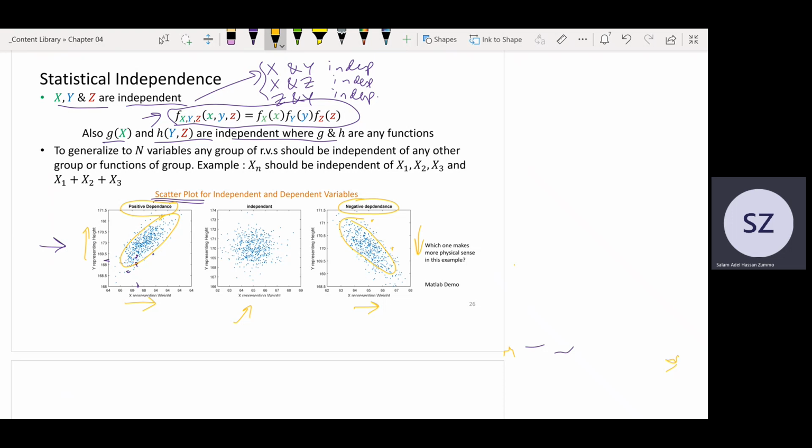Here you can see that it looks circular. ما في trend واضح. So we don't know. Like in general, things of that sort, usually they are independent or at least uncorrelated. We will tell them again in chapter 5, there's a weaker form of independence, uncorrelated. So at least because there's no clear trend, we think about these as independent numbers.